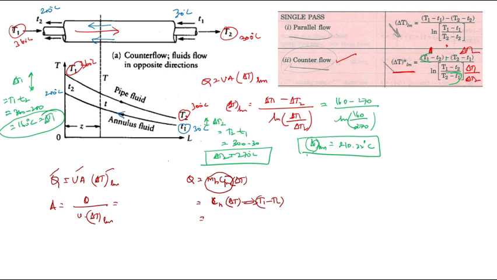After substituting the value of CH, that is equal to 2500 into the temperature difference, which is around 60, you get Q is equal to 150 kilowatt.